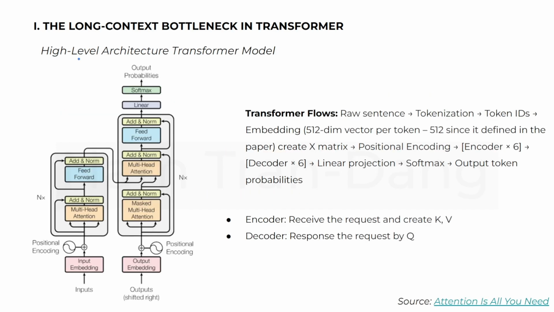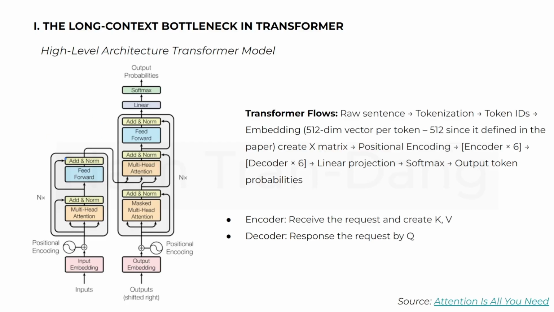And here is the high-level architecture of the transformer model. At first, the transformer model was proposed to solve the problem of Google Translate. After this, it became a really foundational platform and background for current generative AI.